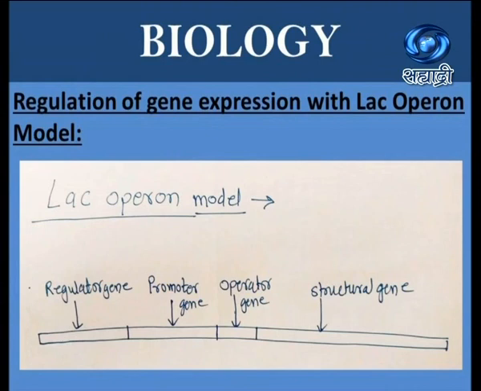Okay students, thus we completed the entire protein synthesis mechanism. In the transcription mechanism we completed the mRNA synthesis, and in this video we completed translation, how the amino acids are linked with each other.